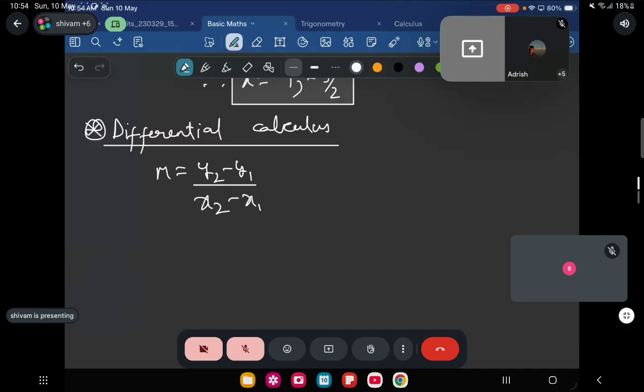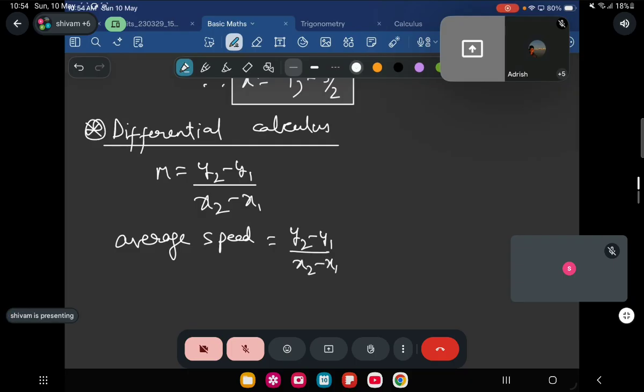So you people find out the average speed between two places. Total distance covered divided by total time taken. So what is average speed? This is the average speed. Average speed will be equal to y2 minus y1 upon x2 minus x1.